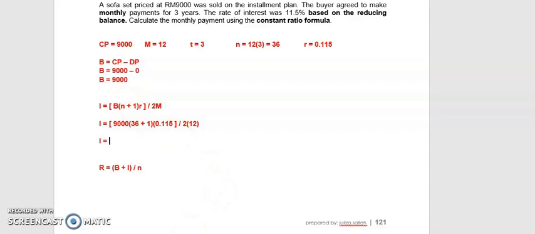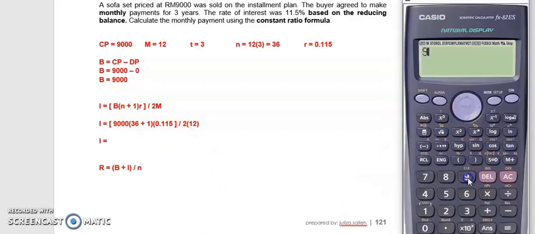So I equals 9,000 multiplied by 37 multiplied by 0.115, and then divided by 2 times 12. 2 times 12 is 24.